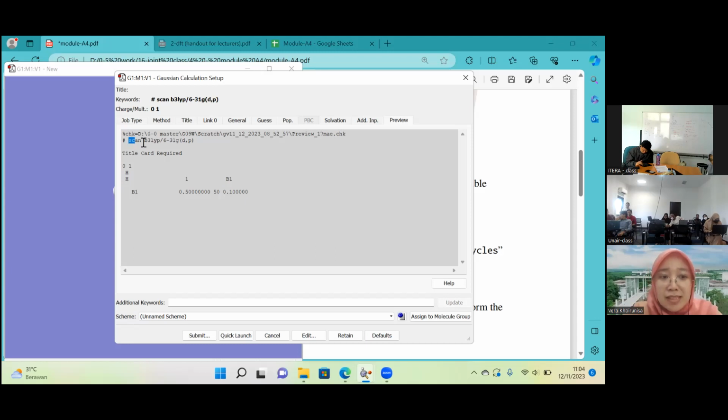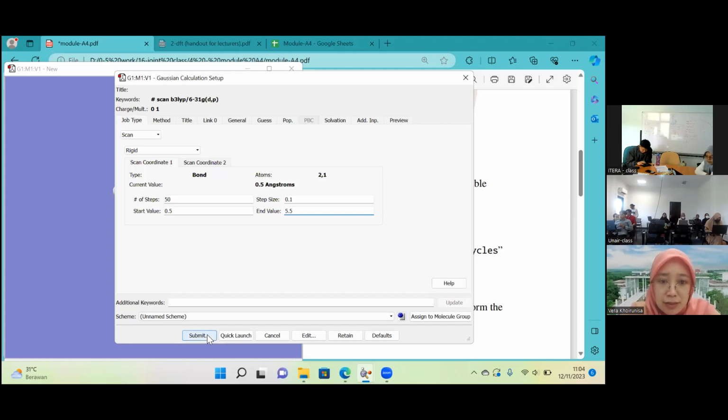So I will perform the scan calculation starting from 0.5, and then I will scan for 50 points, and each point has an interval or step size of 0.1. So for the first step, it will be 0.5 plus 0.1, so 0.6, then 0.7, and so on. Okay, is it clear?